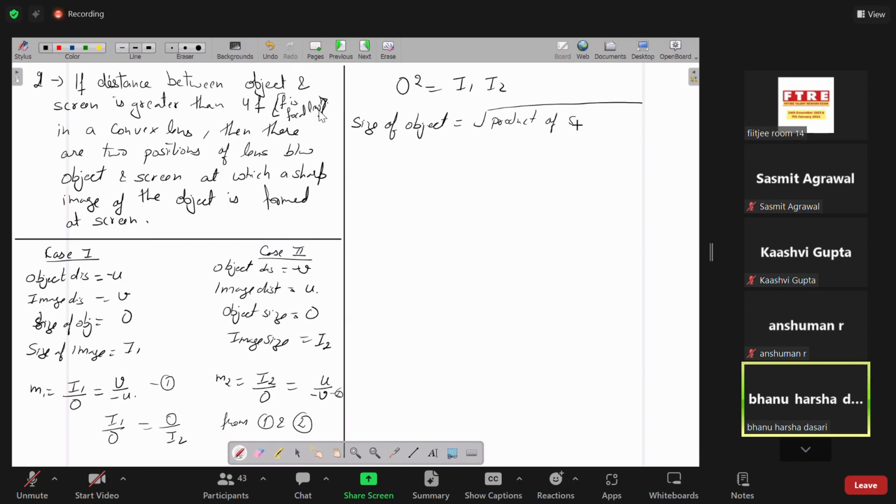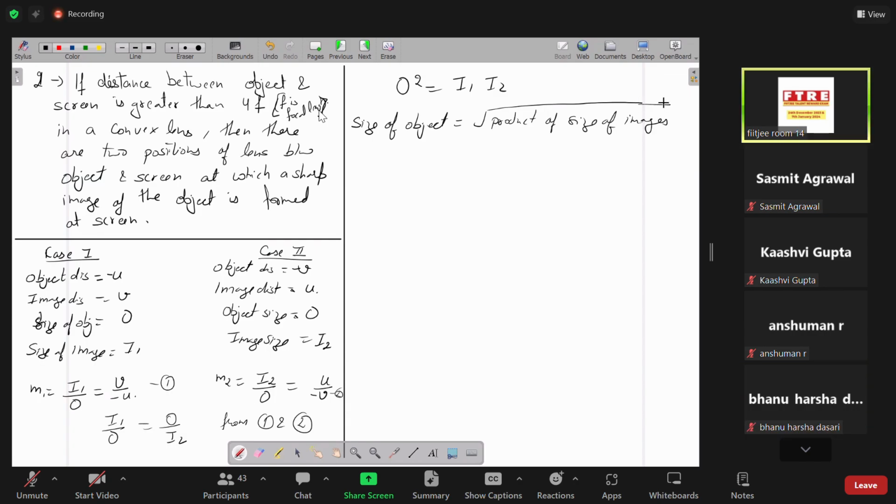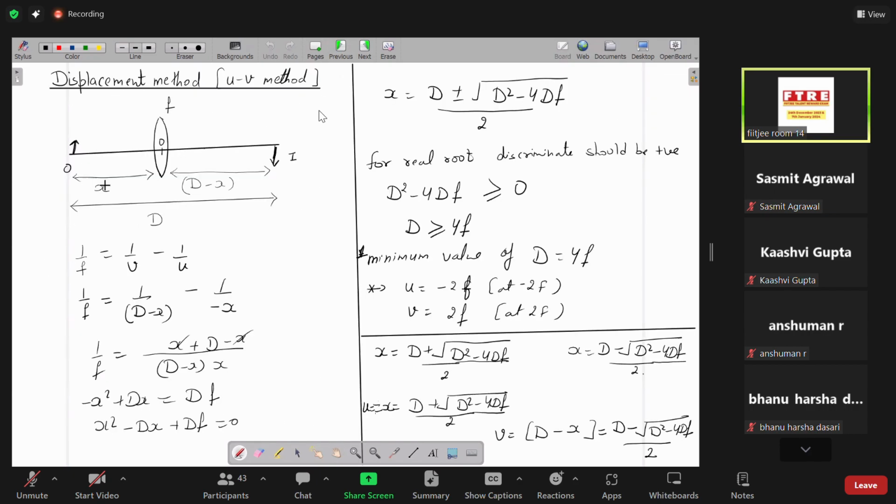Ma'am, could you explain what these cases are again? Case 1, when we keep the object at a distance x and the image is formed at d minus x. If I shift my lens so that the distance between object and lens becomes d minus x, the image will be formed at a distance of x from the optical center.